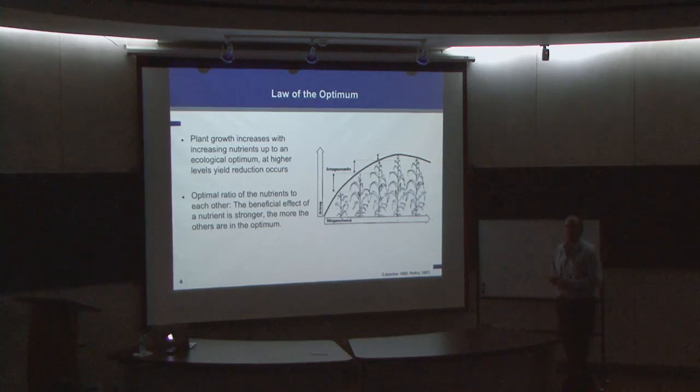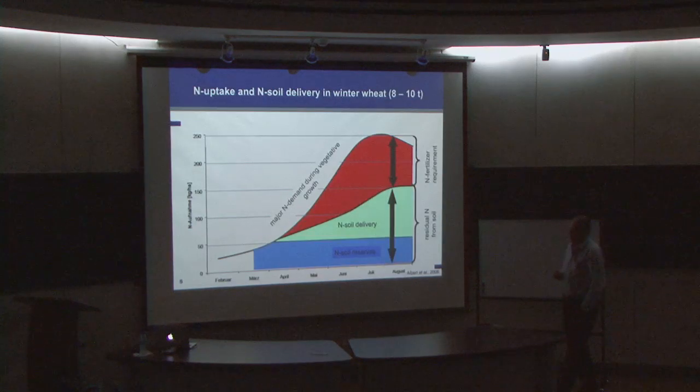So this law of the optimum has been known for very, very long in plant nutrition, but still it's problematic to really identify where exactly these concentrations for optimal growth are. So for the typical crop in Germany, winter wheat, which we sow end of September or beginning of October, we have quite some nitrogen uptake, of up to 200 kilograms of nitrogen per hectare per year over the season.